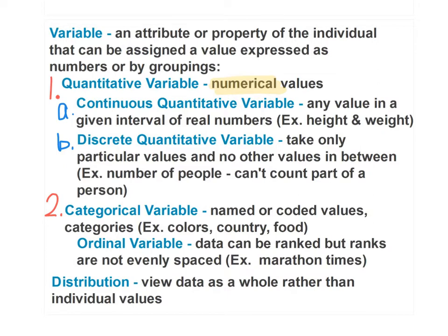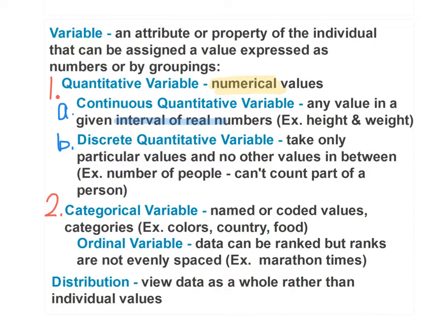Continuous is any value in a given interval of real numbers, okay? Now you'll be able to have decimals of it. So continuous means like the length of your foot, okay, because that can be multiple different decimals.